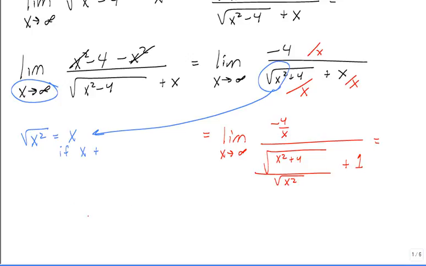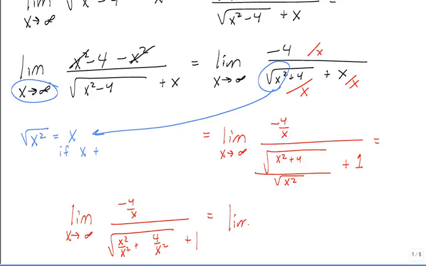Okay, let's keep going. Bring that inside one square root, so we have x squared over x squared plus 4 over x squared plus 1. I'm just putting in all the steps so you can see it.